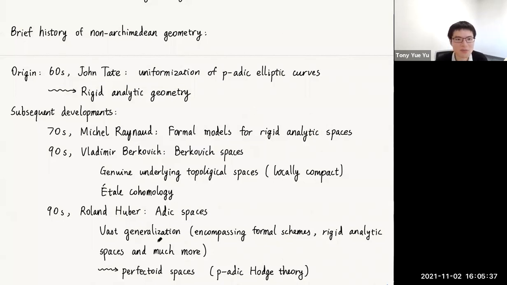So this is a very brief overview of the history of non-Archimedean geometry. All these theories offer different viewpoints and treat slightly different settings. But when we restrict all the theories to rigid analytic spaces, they are more or less equivalent.